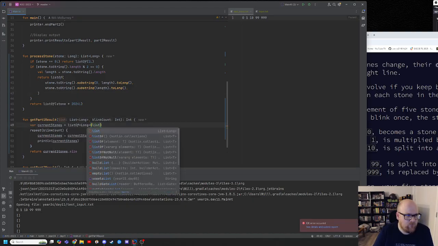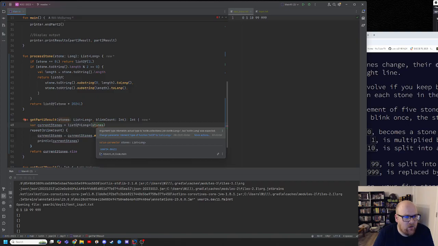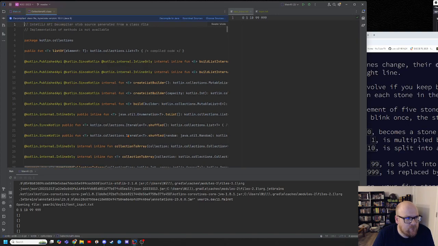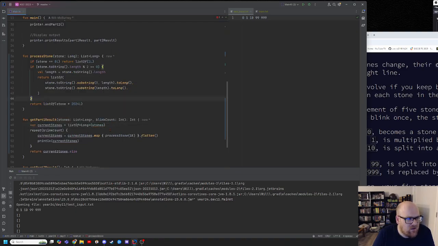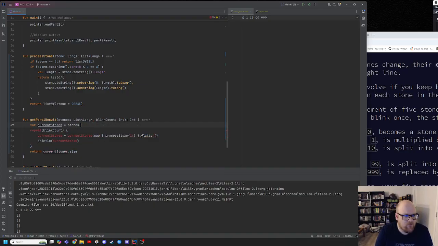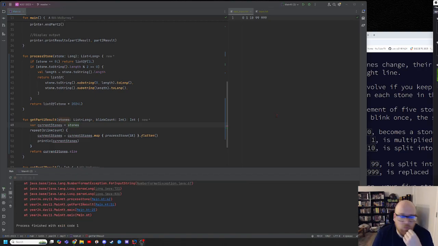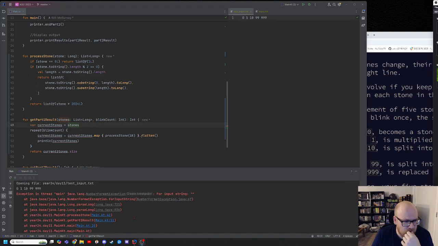Why? What? Change element parameter of list. Okay, I don't know at this point. Sorry, I'm out of it. I'm not reading words right.